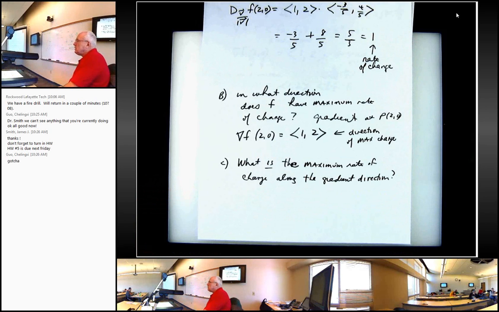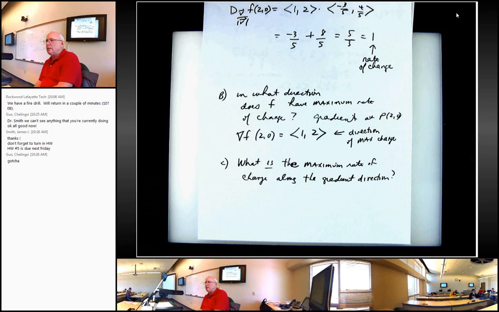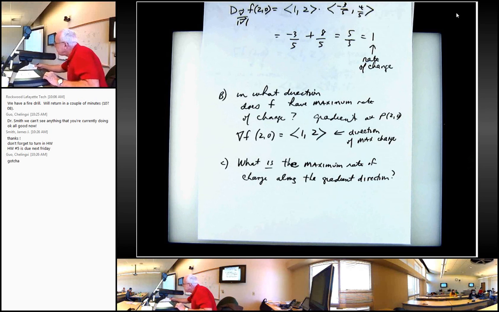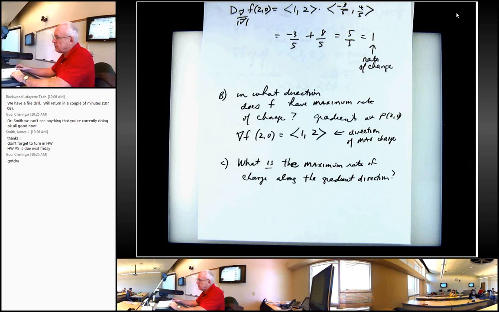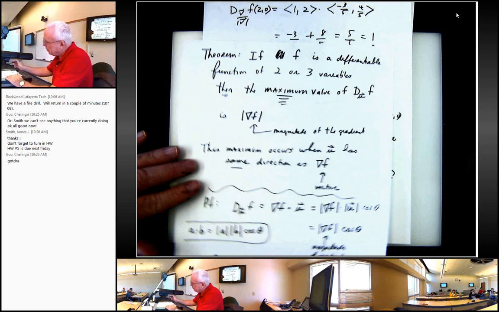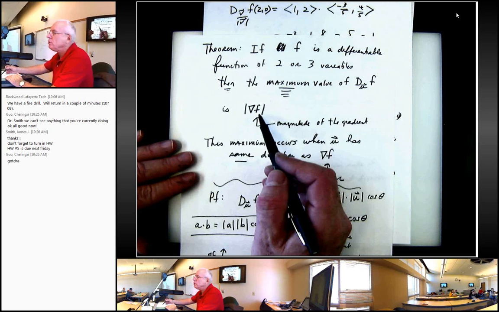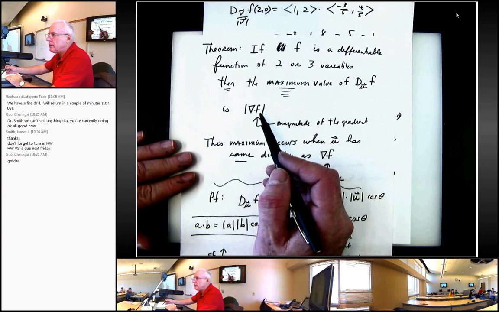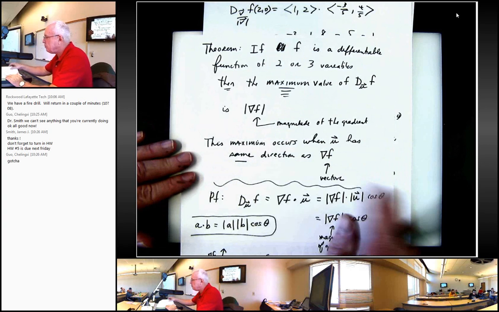What did the theorem tell us that the maximum rate of change, the actual change itself, is? Yeah, the magnitude of the gradient. That's going to give us our maximum rate of change.